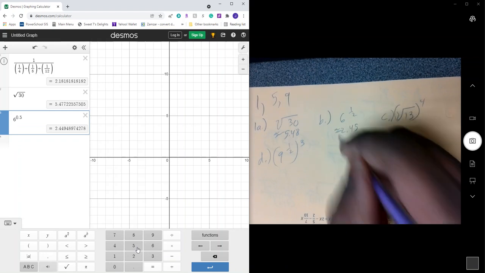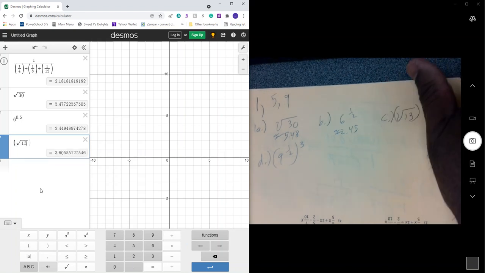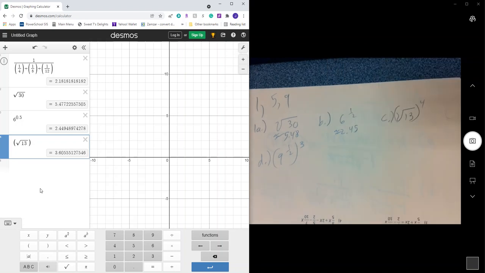And these are approximations. And then next, we will do the square root. Well, first, let me put a parenthesis here. Okay, parenthesis. And then the square root of 13. And then we would take that to the 4th power.